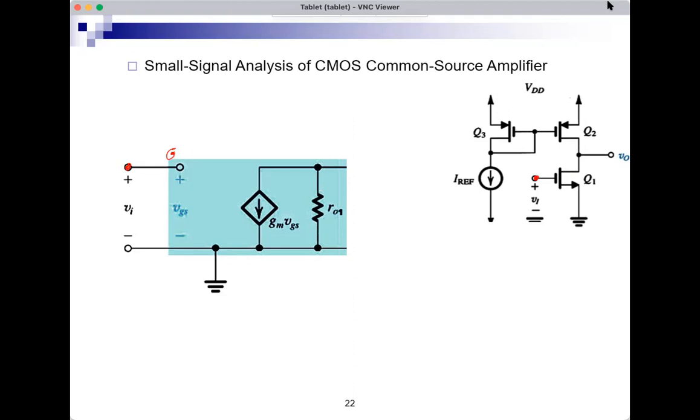So that's Q1. And then I have Q2, Q3, and IRF. So I have all of this, and I need to find now its small signal equivalent. How would this appear in small signal analysis?